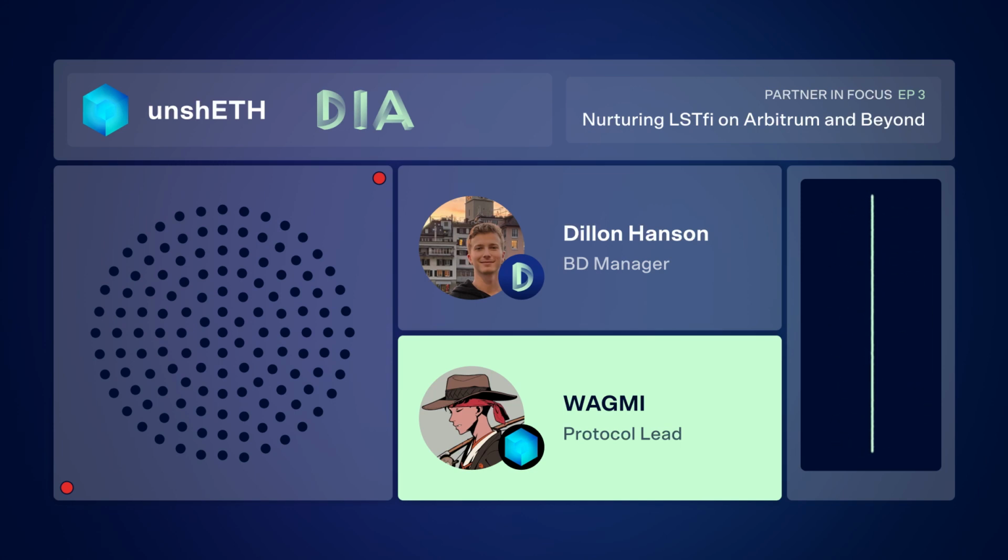And this idea of the LST wars is essentially the transition from just giving straight token incentives to really paying for play on various integrations that they have. So one thing that we tried to do with UnshETH is allowing LSTs to come in and offer incentives to grow their target weight in the UnshETH basket.